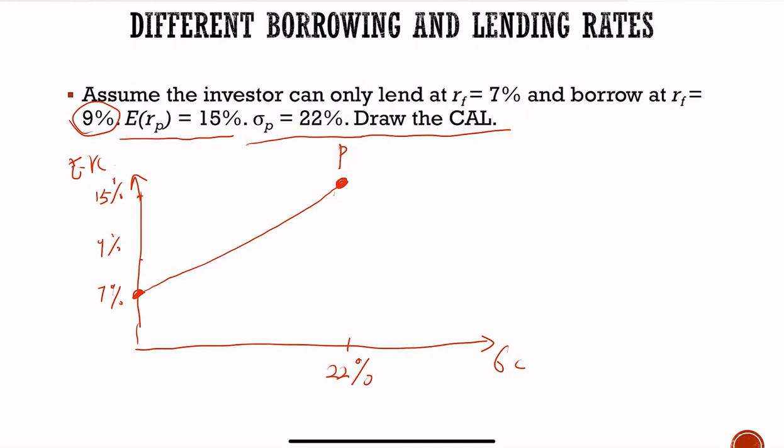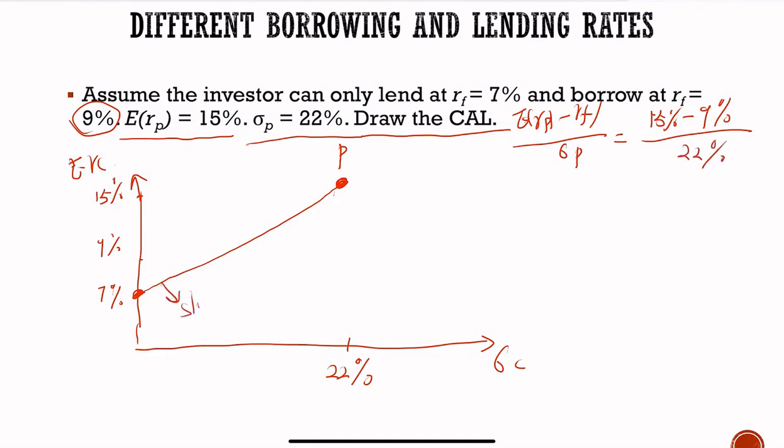Now, what is the slope on the right-hand side of portfolio P? Well, it's just RP minus RF divided by sigma P. So it should be 15% minus 9% divided by 22%.